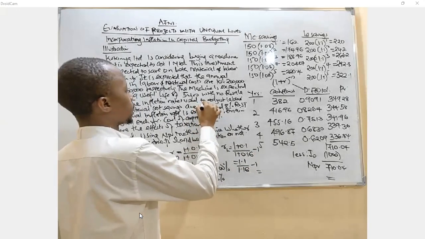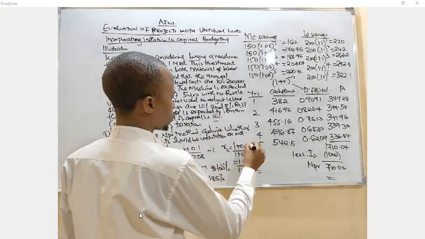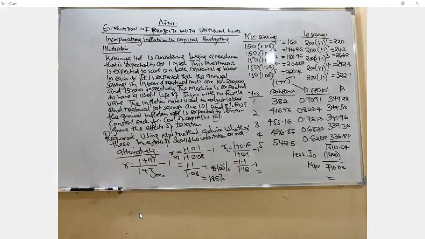Let our cost of capital be 16, so here it should be 16, and let this one remain 1. How much are you getting?